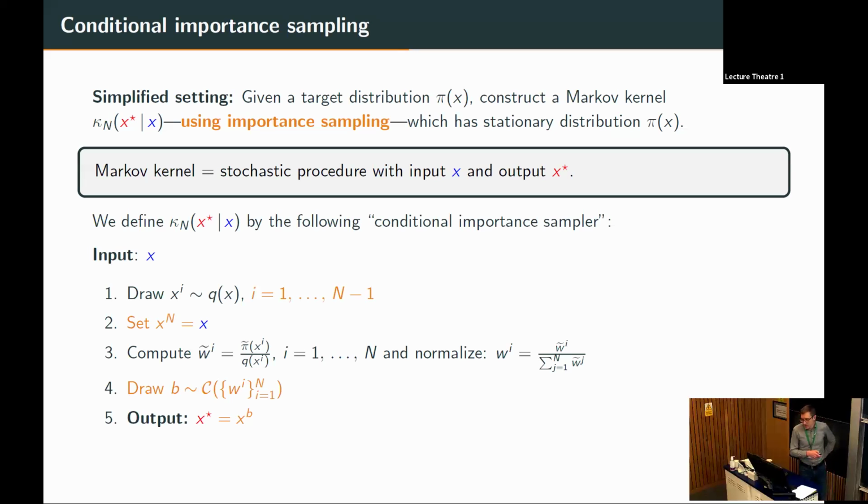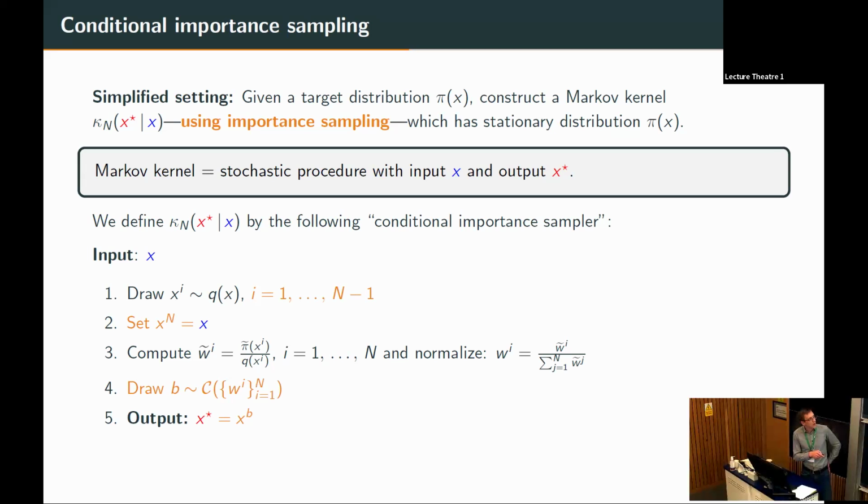Specifically, we define this kernel using what I refer to as conditional importance sampling, which is this procedure here. So we take the current state x, the blue x, as input, and then we proceed using these five steps. First, as I said, this is going to be based on importance sampling, so first I draw x_i from some importance sampling proposal distribution q of x.